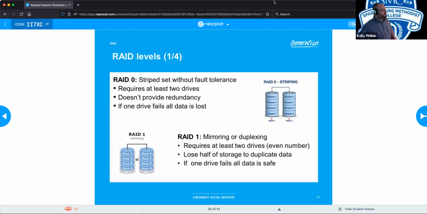How it works is essentially you are siloing your data into 2 different drives.